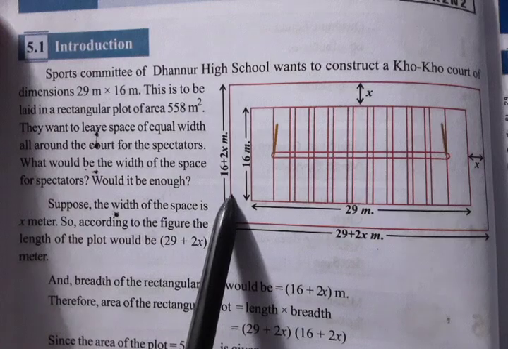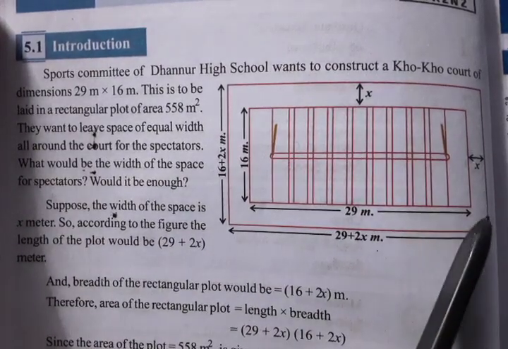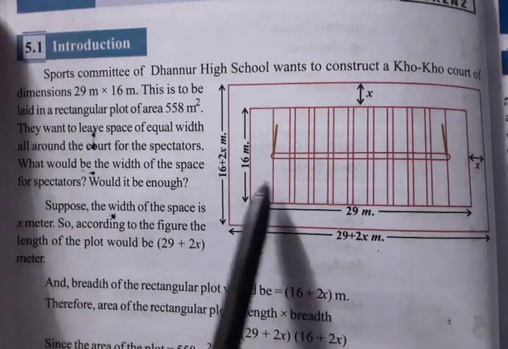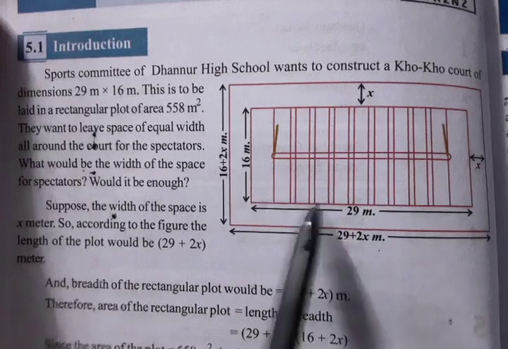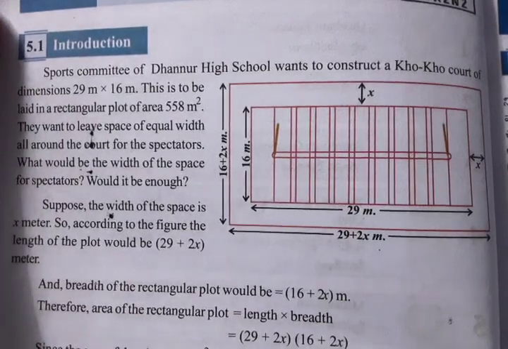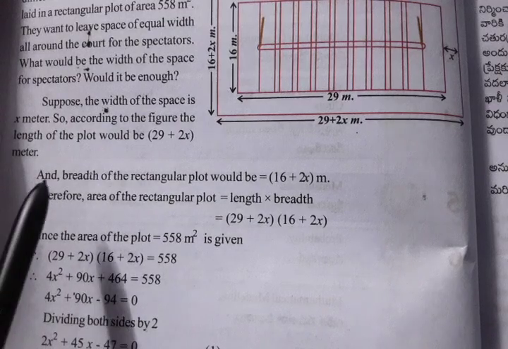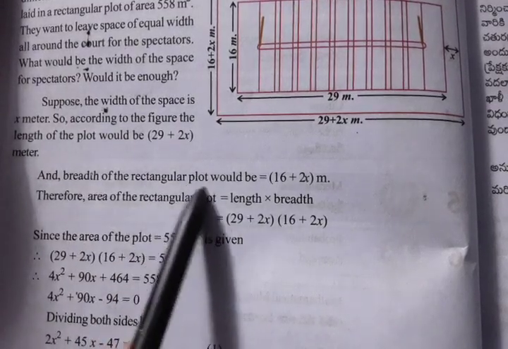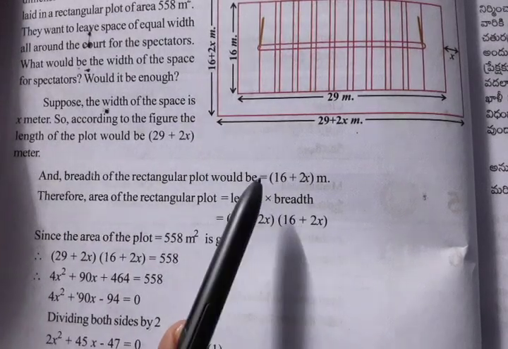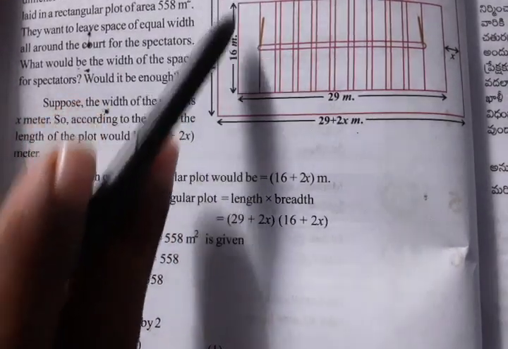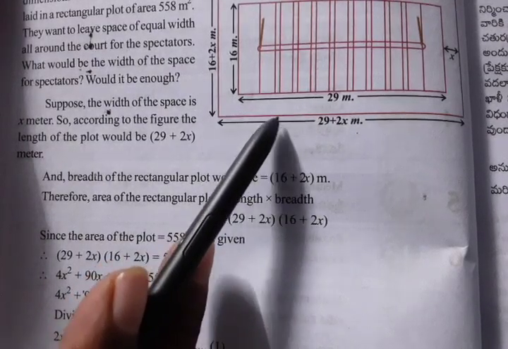Because this side is x and this side is also x, so the 29 is extended by x plus x, that is 2x. Now the breadth of the rectangular plot would be 16 plus 2x, since we add x and x, 2x, to 16.